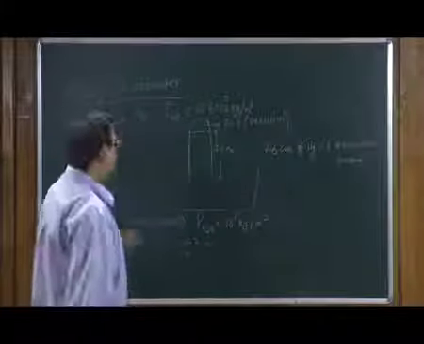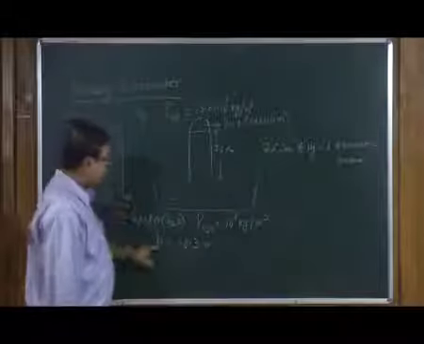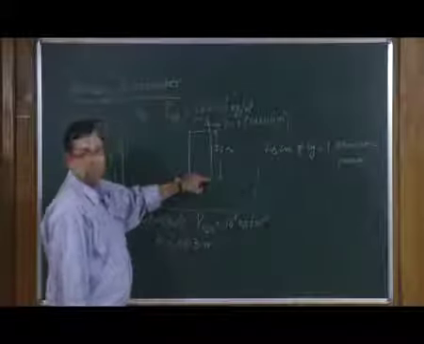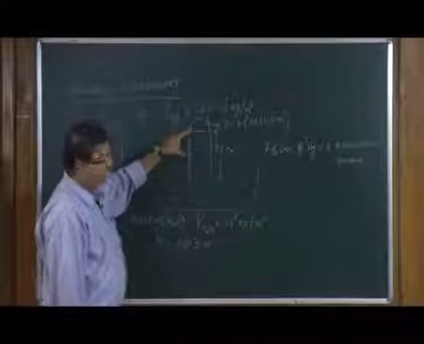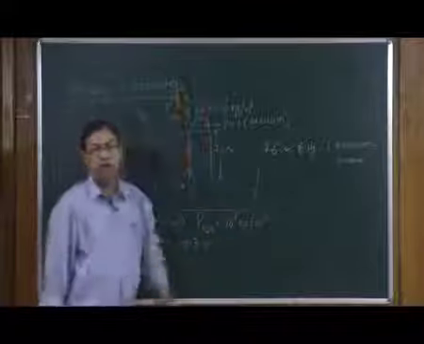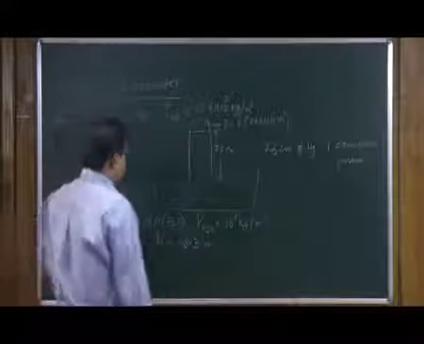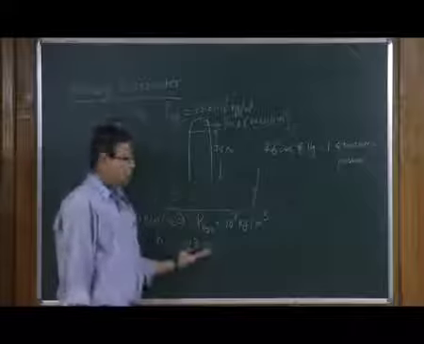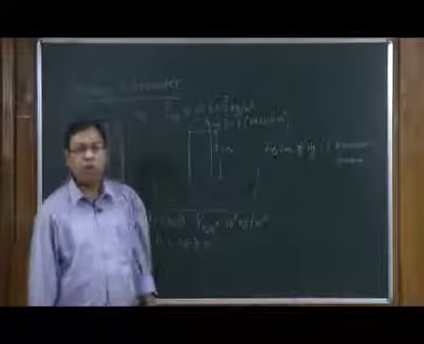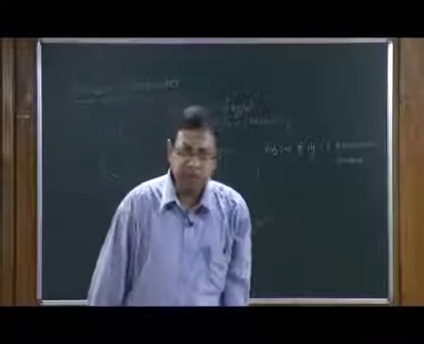So, instead of 76 centimeter, if you use water, you need a column of water of height 10.3 meter, which means it has to be a very long tube. This 10.3 meter of water column exerts the same pressure as 1 atmospheric pressure.